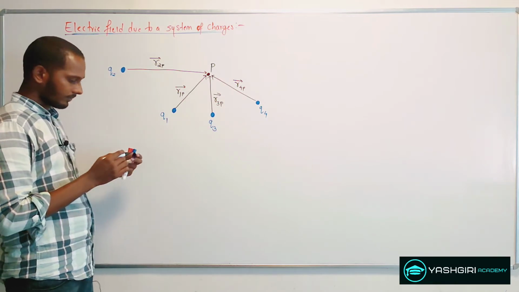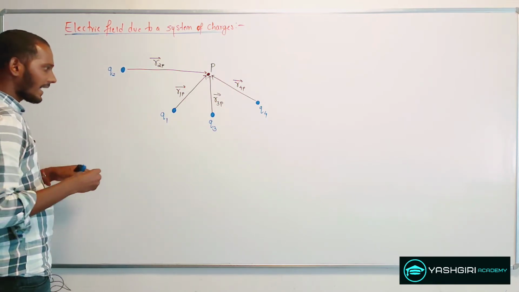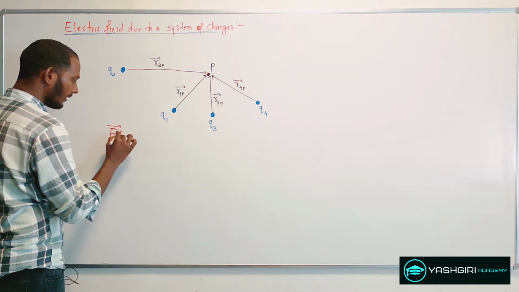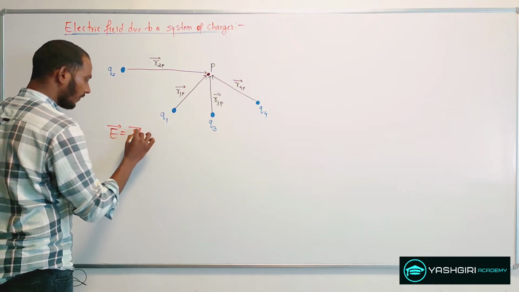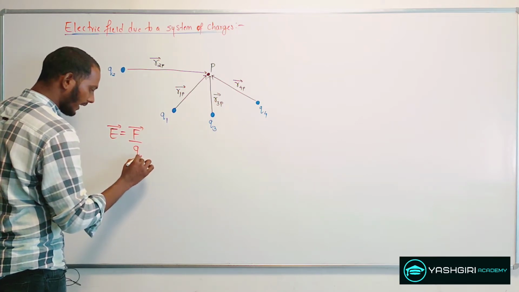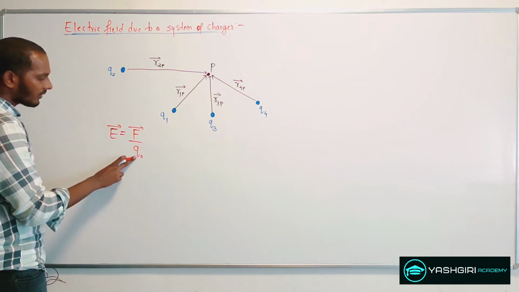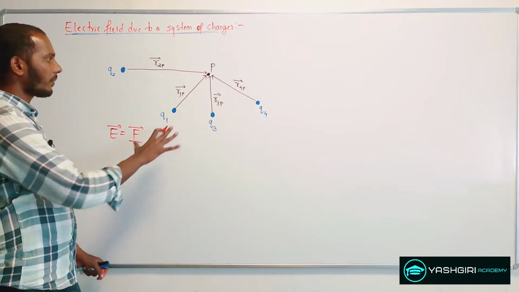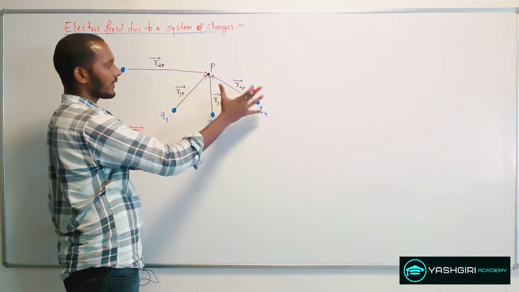So here what we know is that an electric field vector E is equal to the force per unit test charge. So this time let me put it as Q0. Q0 stands for the test charge. Now here suppose this is a system consisting of 4 charges.